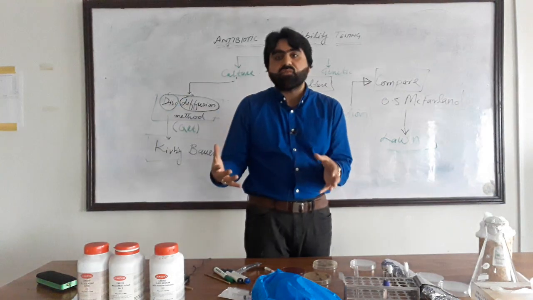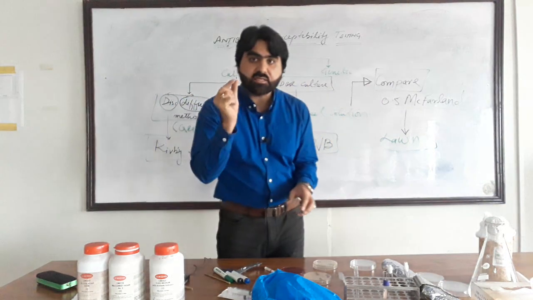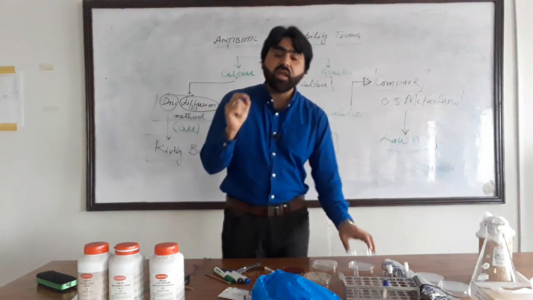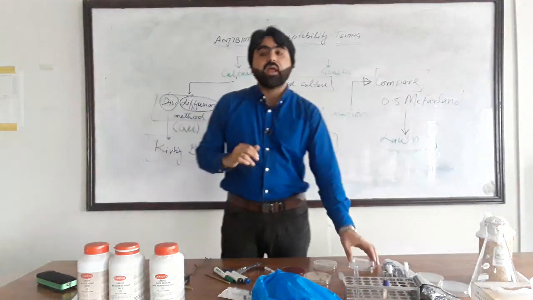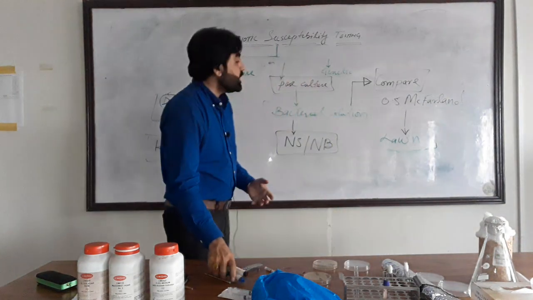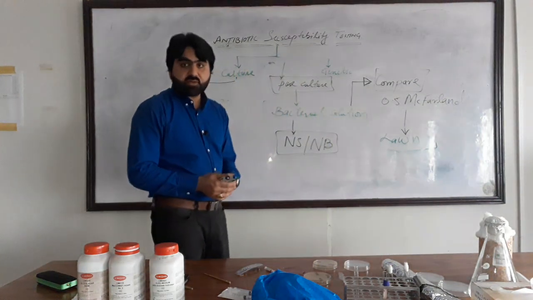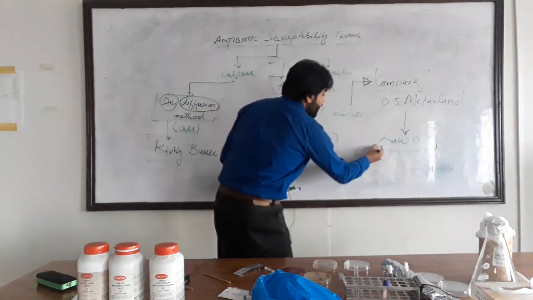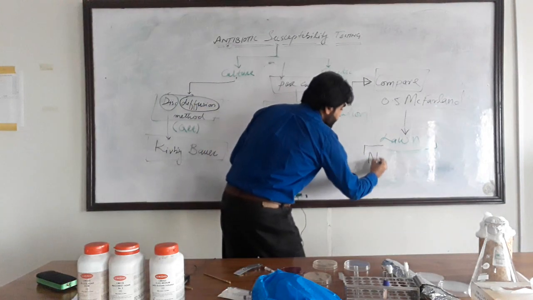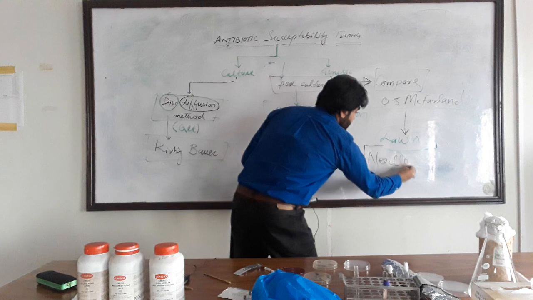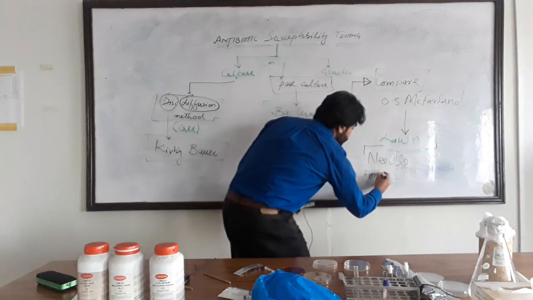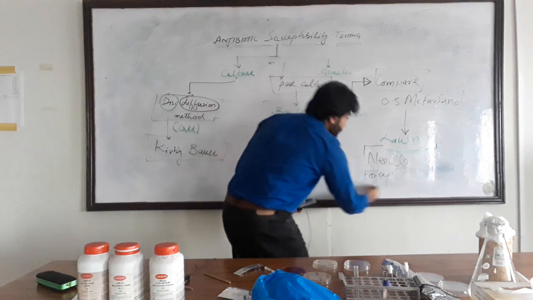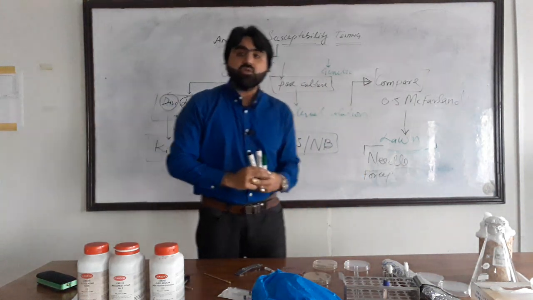Then after 10 to 15 minutes, you will take antibiotic and place the antibiotic on the surface of the Mueller-Hinton agar. How will you place antibiotic on the surface of the Mueller-Hinton agar? You can use a needle, or you can use forceps for placing the antibiotic, or you can use a dispenser.